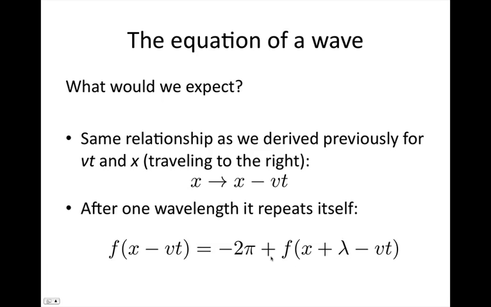So we would expect that if x progressed by one wavelength, so in time that would be one period, then it's going to be an additional 2 pi on. So we would expect it to have the relationship f of x minus vt is equal to minus 2 pi plus f of x plus lambda minus vt.